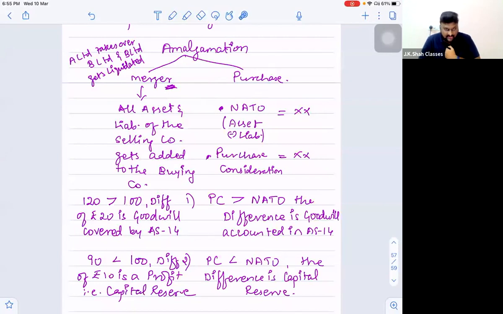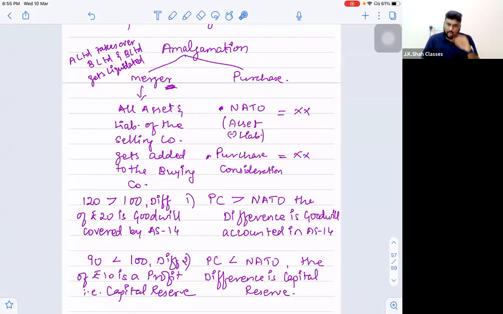Correct? So the simple logic is what? Sir, amalgamation under purchase method. If we are paying more and getting less, the difference is goodwill accounted as per AS 14. And if we are paying less and the value of assets that we are getting is more, then technically it is a situation of profit for us, capital reserve. Correct?